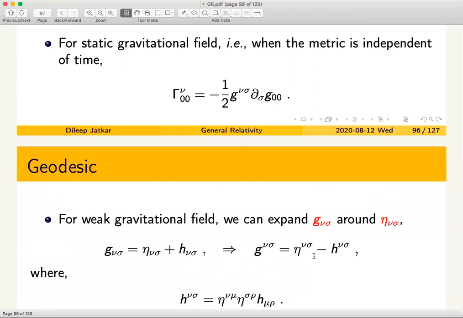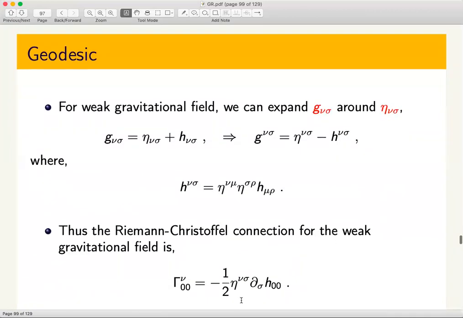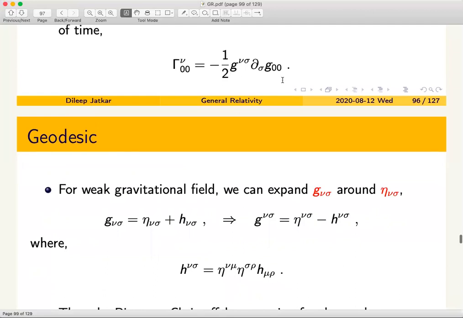If you write down g inverse to be this entire quantity up there, which is already approximate as I was just explaining, then you get one term which is eta times the derivative of h 0, 0, which is what I have written down here. But then there is another term which is h times the derivative of h 0, 0, but that term is quadratic in h.